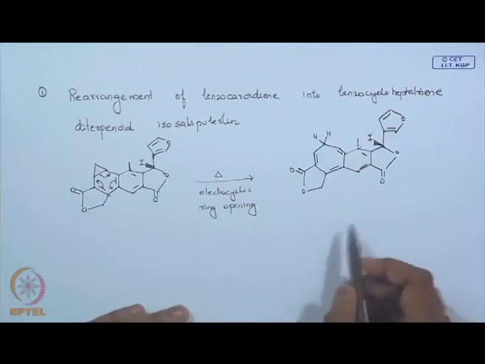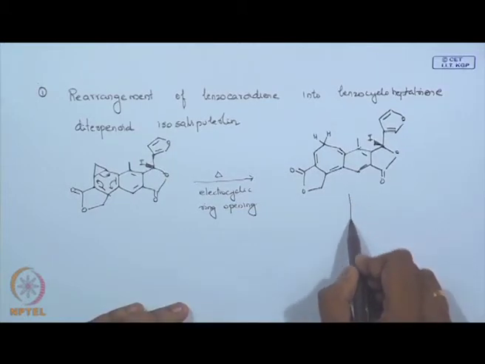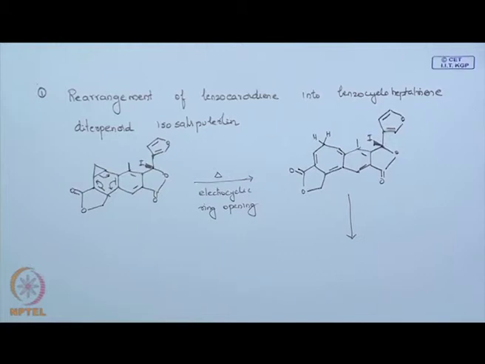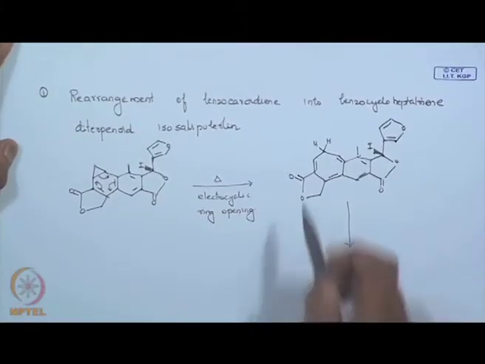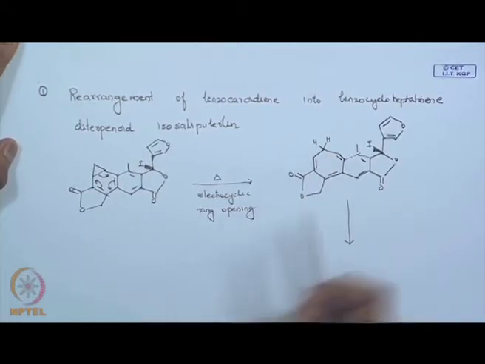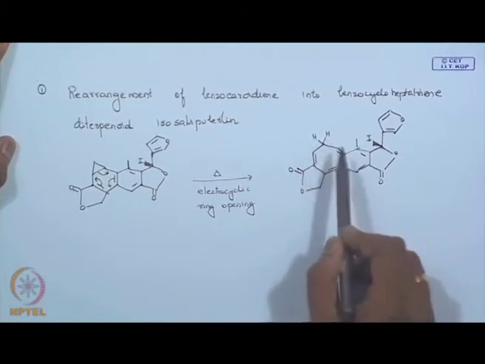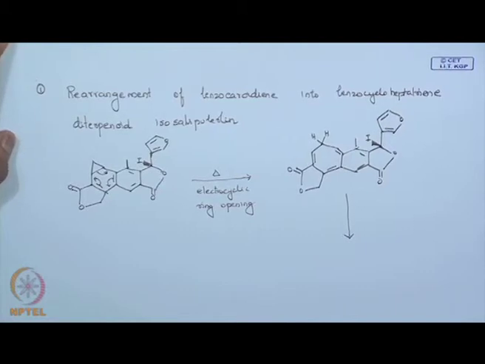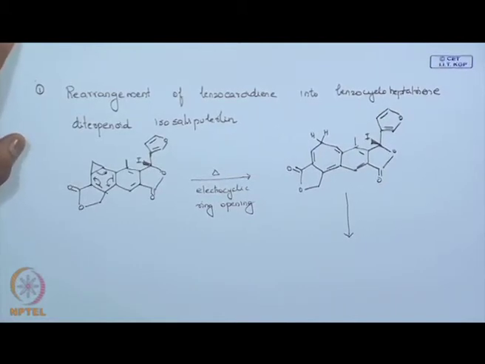Now see the product. Now what will it do? Again, if I think about heating and photolysis, what do you understand this molecule can do? Look at the molecule, see these hydrogens. Do you think there is any possibility of this hydrogen undergoing some sigmatropic shift?